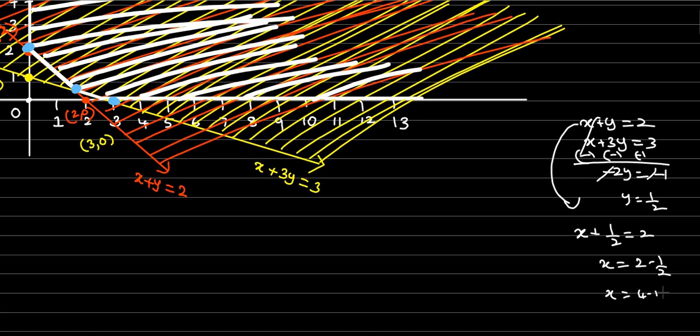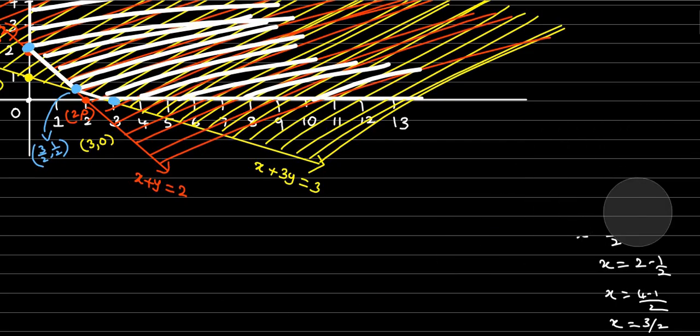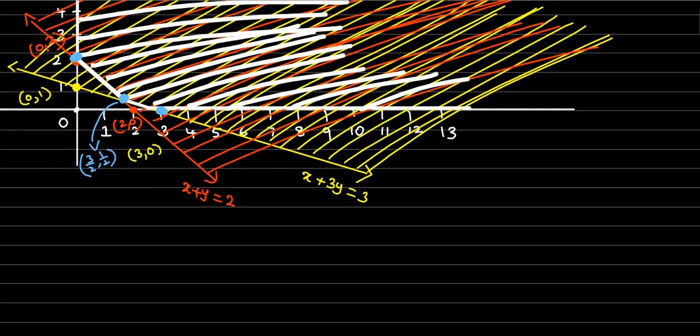Taking the LCM, x equal to 4 minus 1 by 2, then x equal to 3 by 2. So the coordinate of this point, I'll write it here, is 3 by 2 comma 1 by 2. Now we have got the corner points as well.